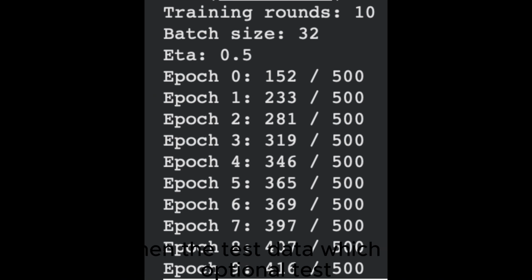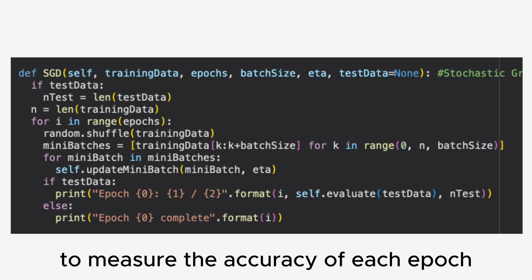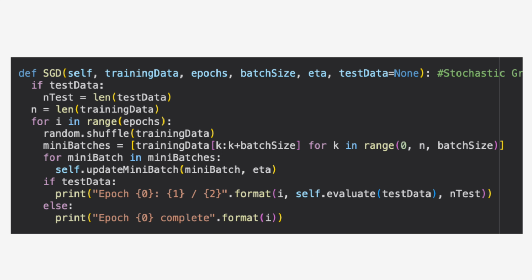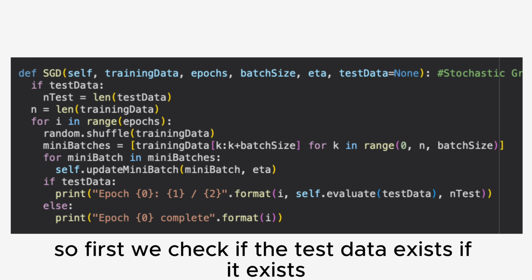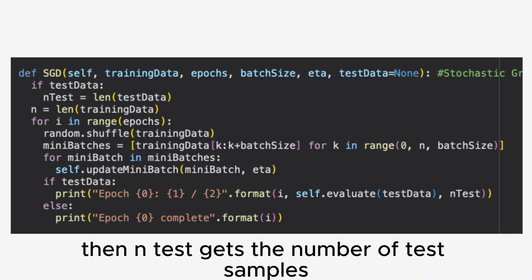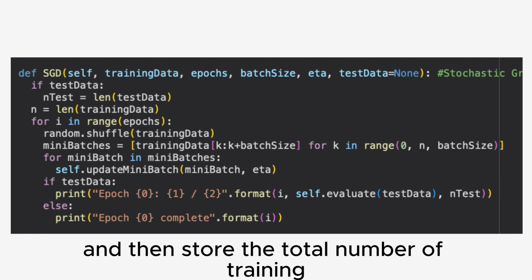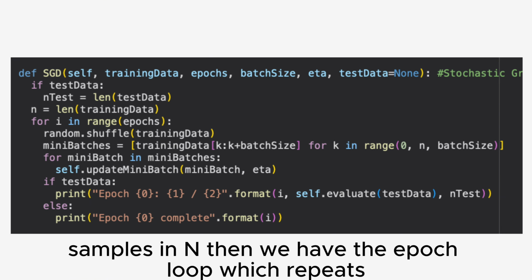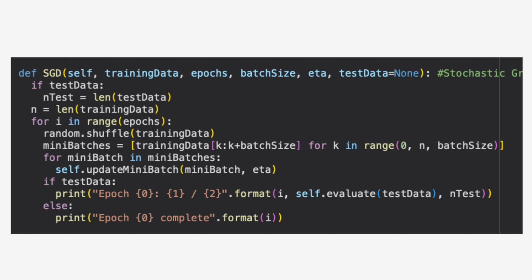And then the test data, which is the optional test to measure the accuracy of each epoch. So first we check if the test data exists. If it exists, then nTest gets the number of test samples and then store the total number of training samples in n. Then we have the epoch loop, which repeats the training process.